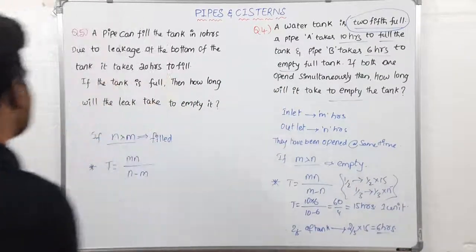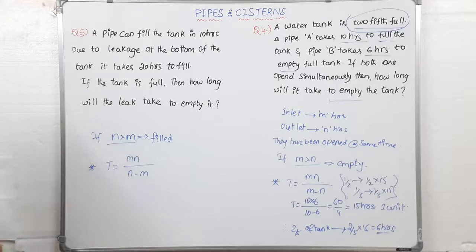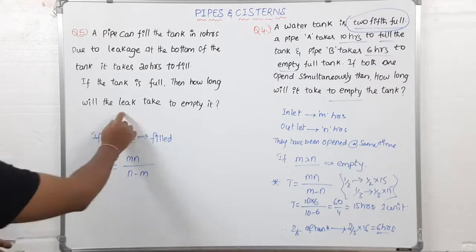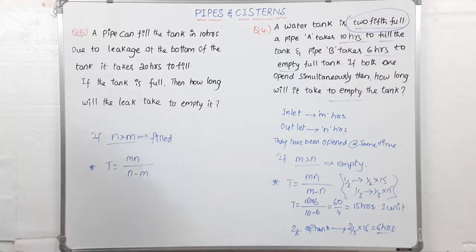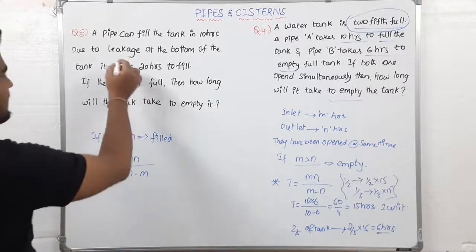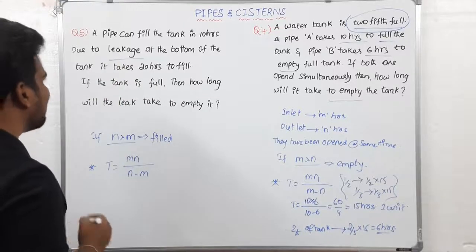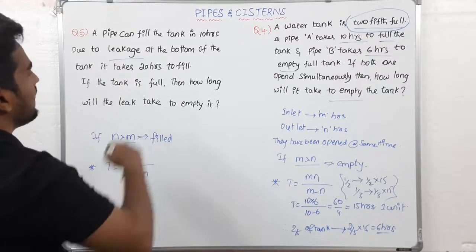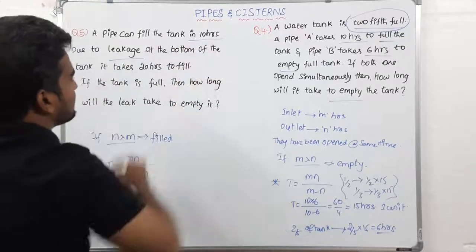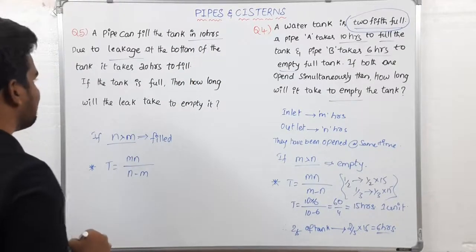Now let us come to question number 5. A pipe can fill the tank in 10 hours. Due to leakage at the bottom of the tank, it takes 20 hours to fill. If the tank is full, how long will the leak take to empty the tank? The leakage is nothing but an outlet pipe, and the inlet pipe takes 10 hours to fill the tank.